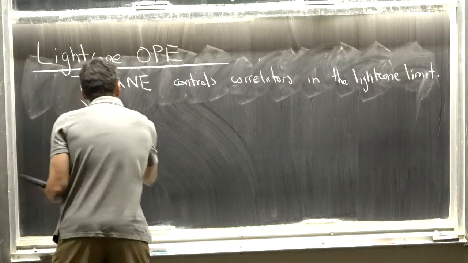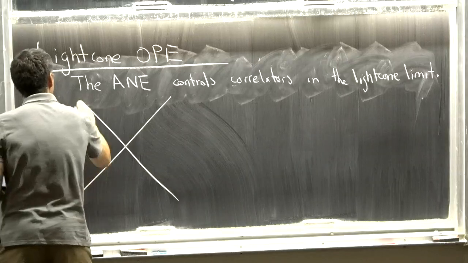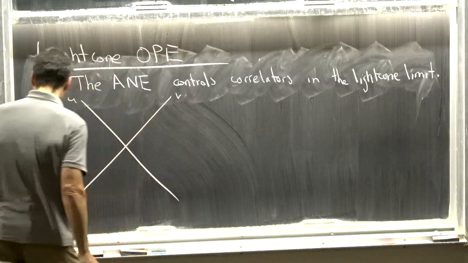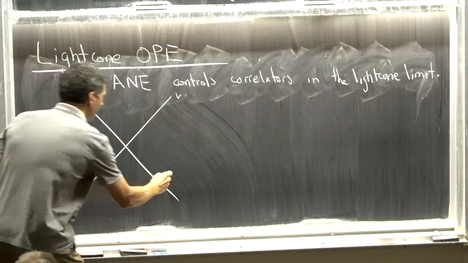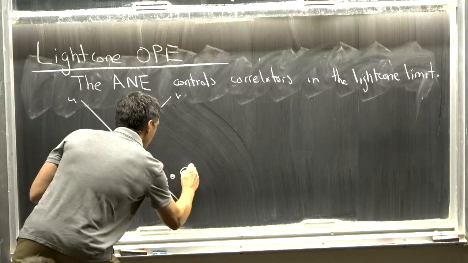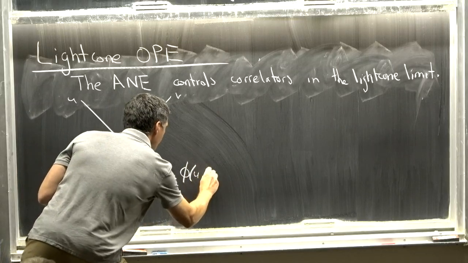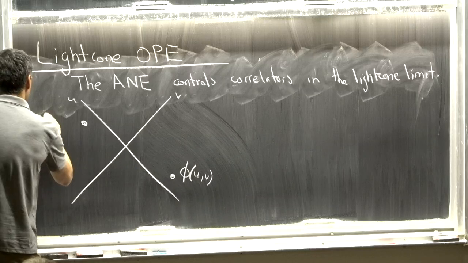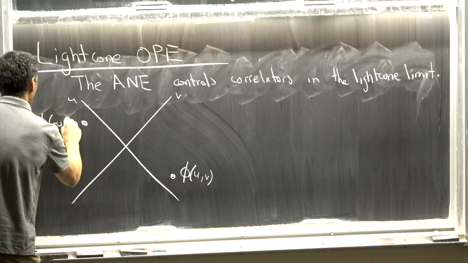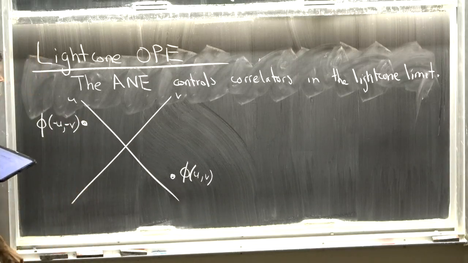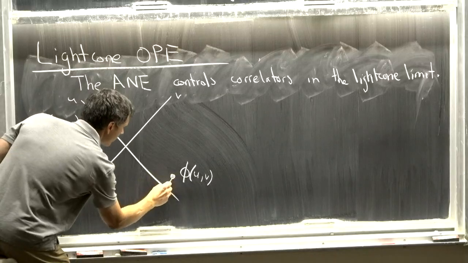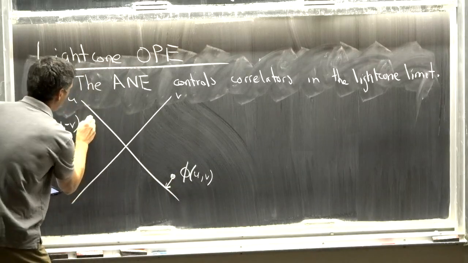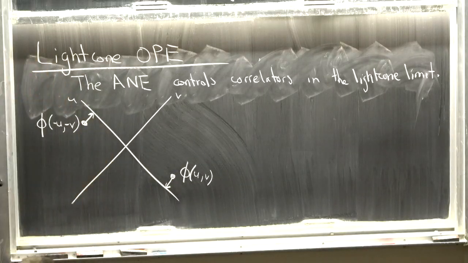So what I mean by that is going to become clear as we go. But here's the limit we're talking about. Here's Minkowski space again with u and v. I'm going to take an operator phi of uv and a reflected operator phi of minus u minus v. And I'm going to take the light cone limit. So the light cone limit is a limit where I bring these two operators to be null separated.